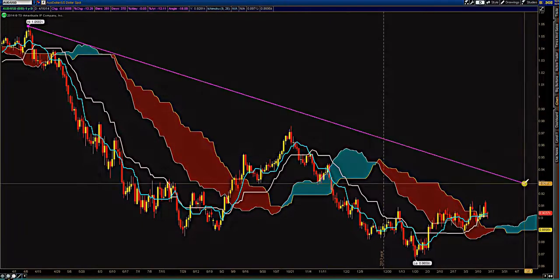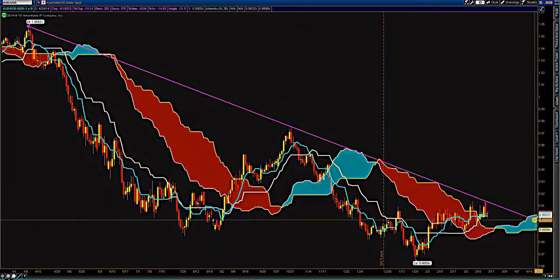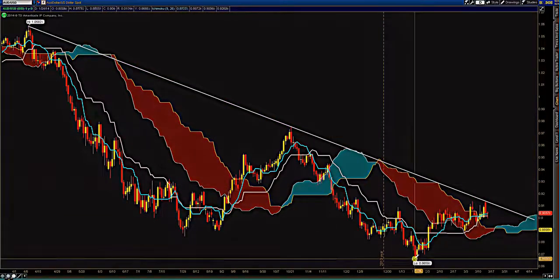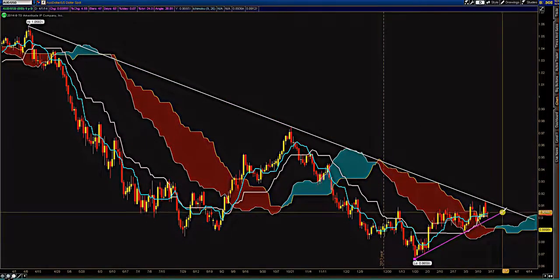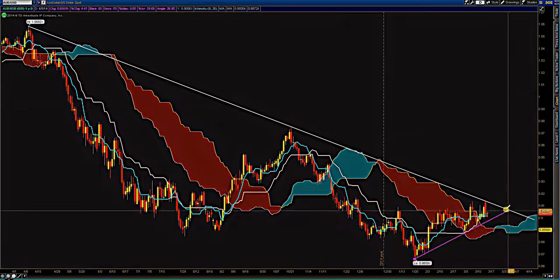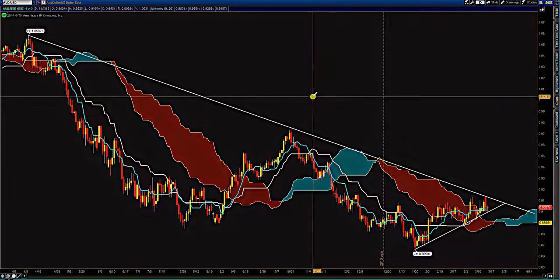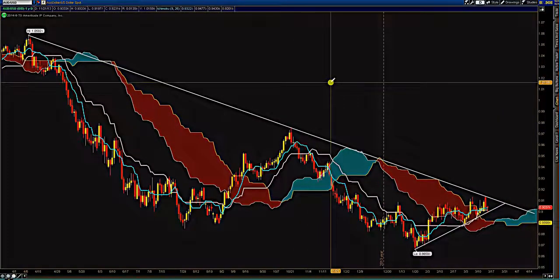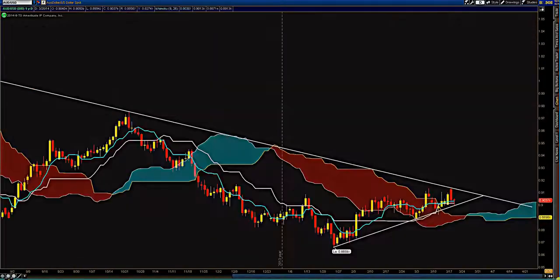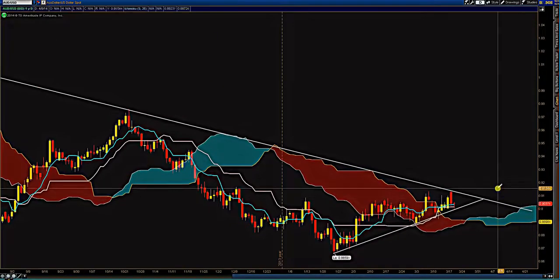If you take a look at this, when you take a look at certain situations, you might want to hesitate before taking a trade.